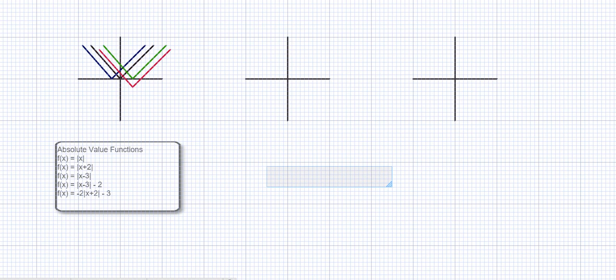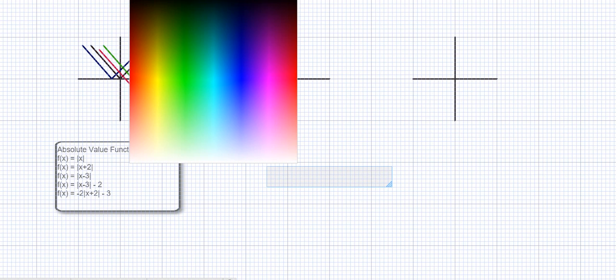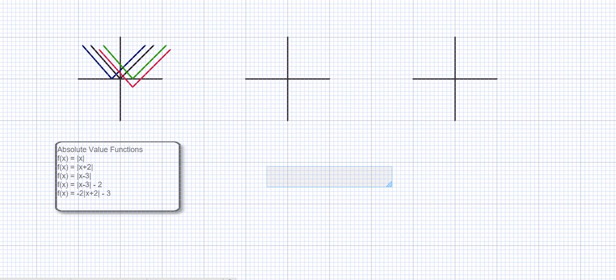What this is going to do is move the parent function to the left by 2, and then move it down by 3. Okay, so off to the left by 2, down by 3 puts us about right here for a point.